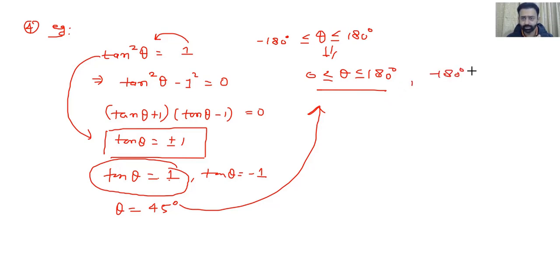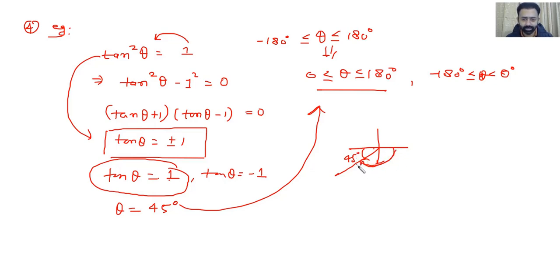And for minus 180 to 0, meaning going clockwise from 0, tan remains positive in the third quadrant. So you have to go to the third quadrant. This angle is 45 degrees, but this time you need to move clockwise. So how much is this angle? See, this is minus 180 because you are moving clockwise, and 45 degrees you have moved anti-clockwise, meaning plus 45.